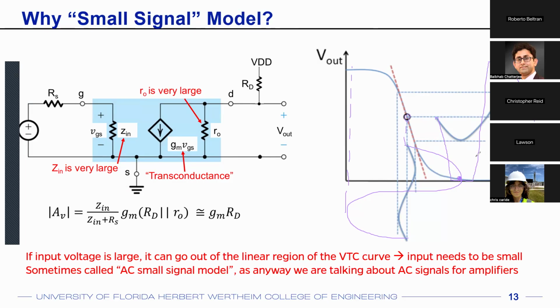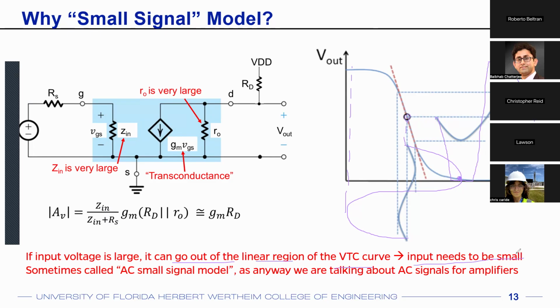And as soon as that happens, you cannot call your amplifier a linear amplifier anymore, because for linearity to be valid, your input and output shapes should look the same. So if your input voltage is large, your amplifier can go out of the linear region on the VTC curve. That's why the input needs to be small.